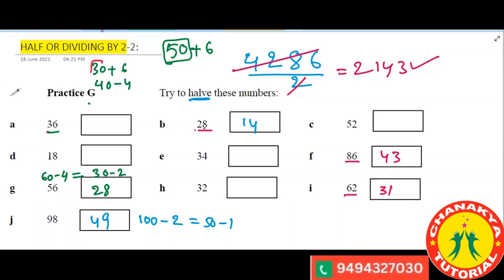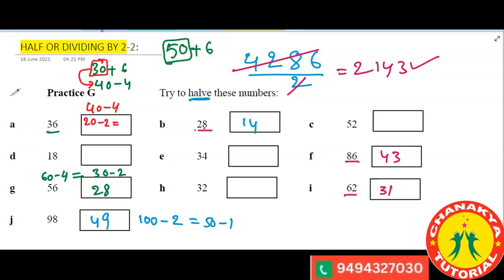But it is an odd multiple of 10, and compared to this one, 40 minus 4 will be faster. So 40 minus 4, and half of 40 is 20, and half of 4 is 2. So 20 minus 2, which would be 16.